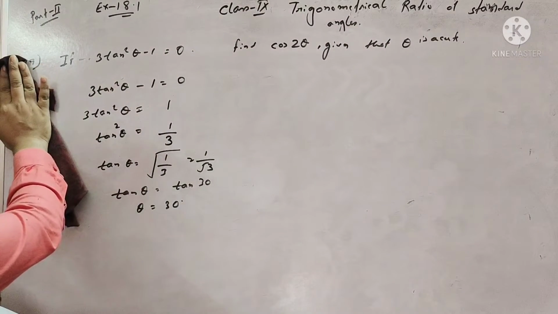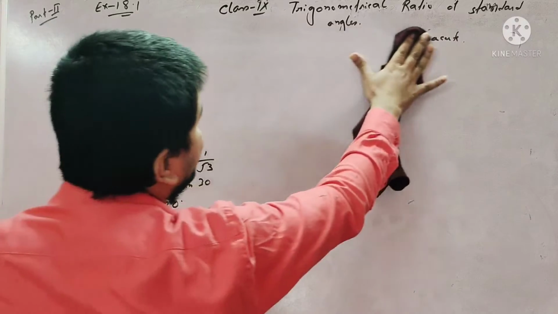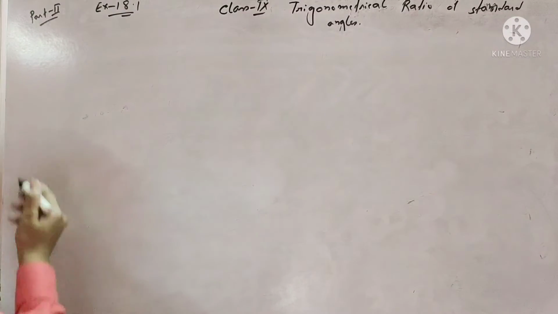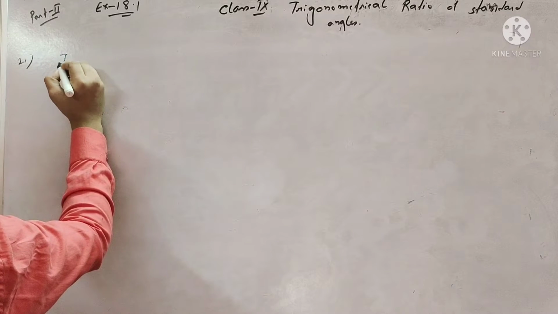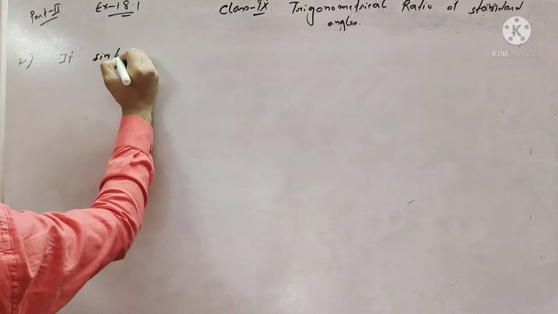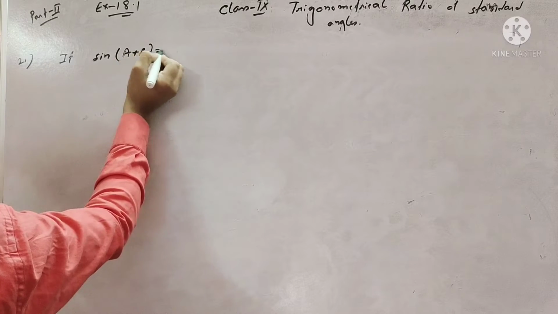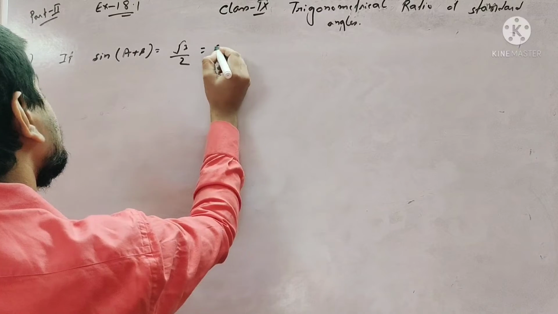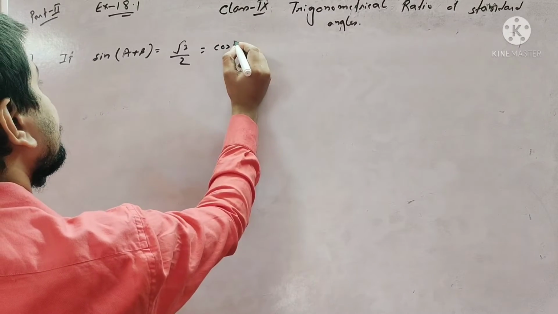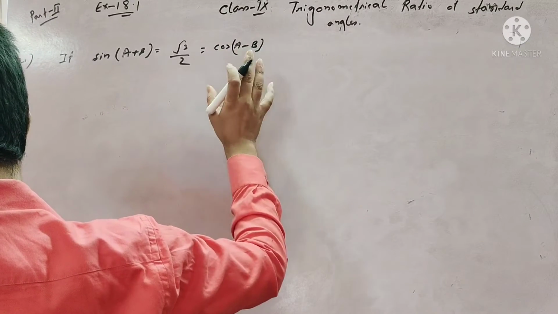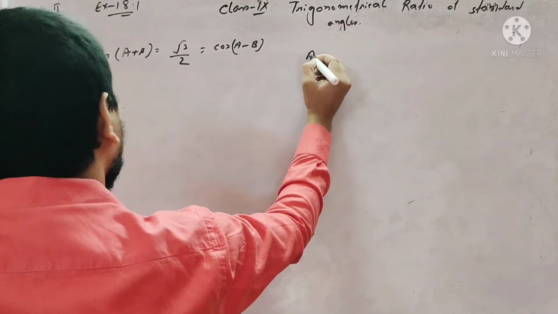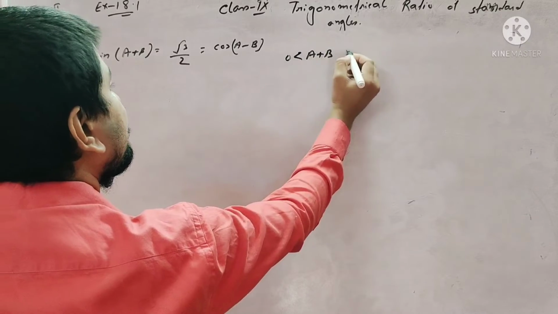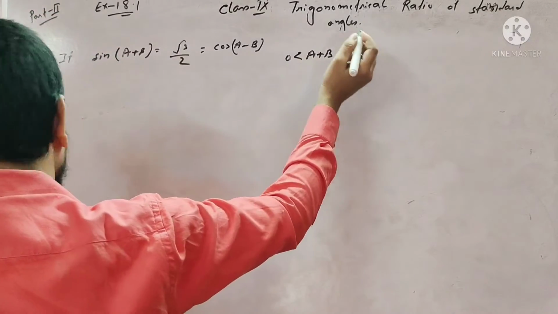Just you need to know the values of all these theta, okay, then this chapter is very easy. Question number 21. If sine a plus b equals root 3 by 2 equals cos a minus b, find the value of a and b, given a and b are more than 0 but less than or equal to 90.